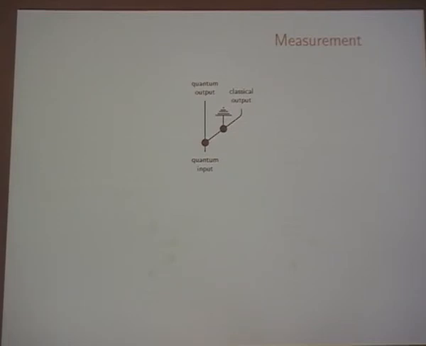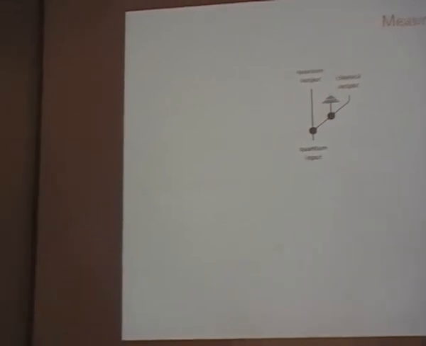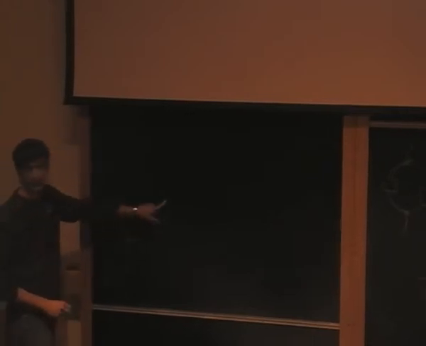I don't have this, but we can verify that if we apply the measurement twice, then we obtain the same outcome. So let's take the measurement. Here we have a qubit, we apply the measurement, we obtain the classical outcome.